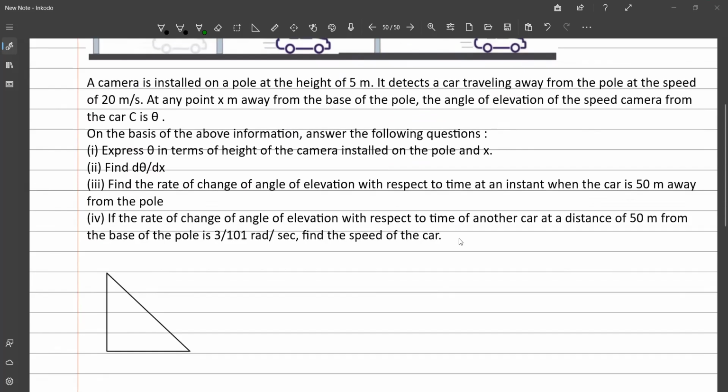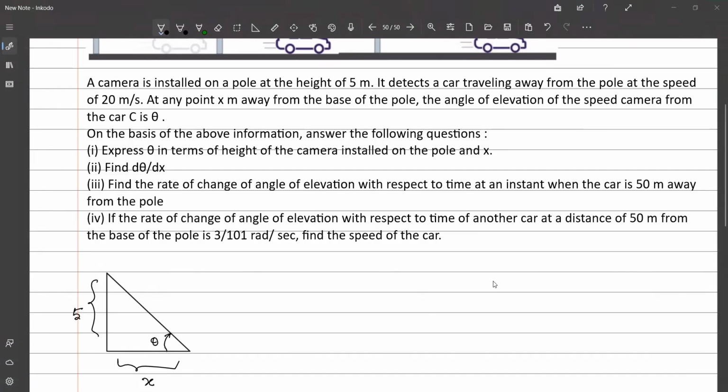Express theta in terms of height of the camera installed on the pole. So I've drawn a triangle here. So this will be theta, and this will be the distance between the car and the pole, and this distance is 5 meters, constant. So theta is the angle of elevation of the camera from the car.